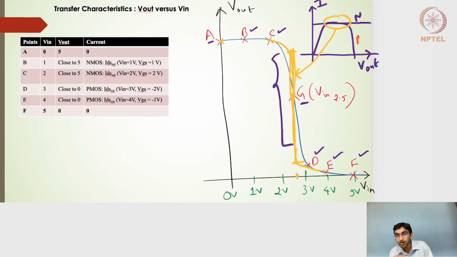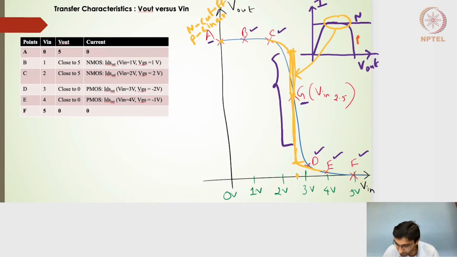Point A was when the NMOS transistor was in cutoff, and the PMOS we had in the linear region. The intersection of those two current lines gave me the point A.